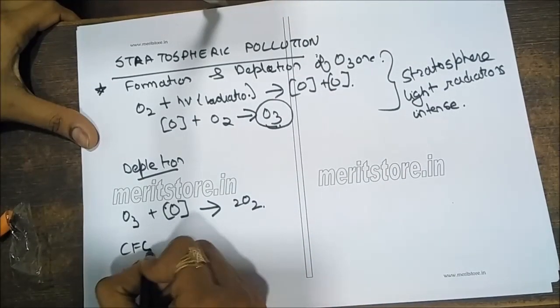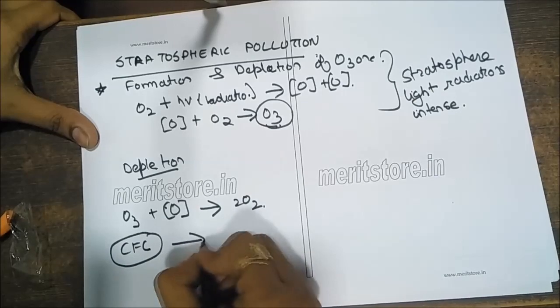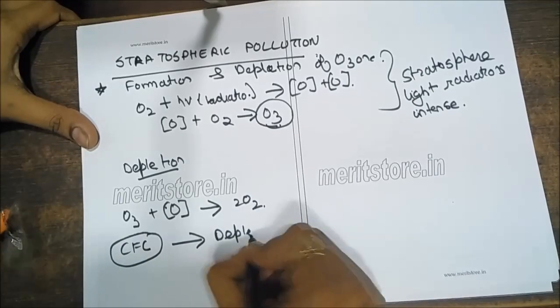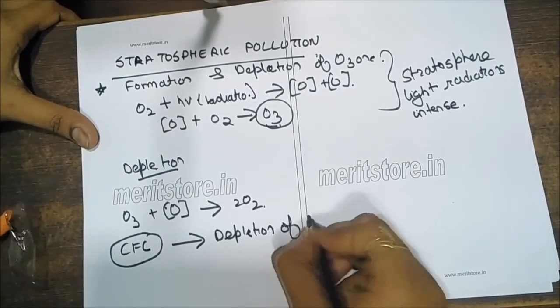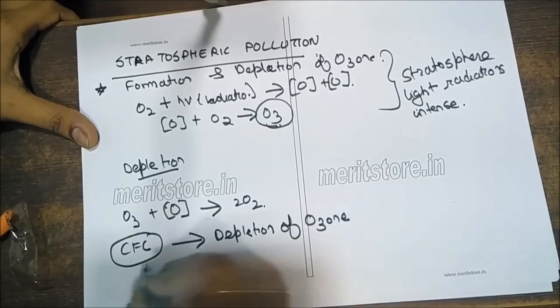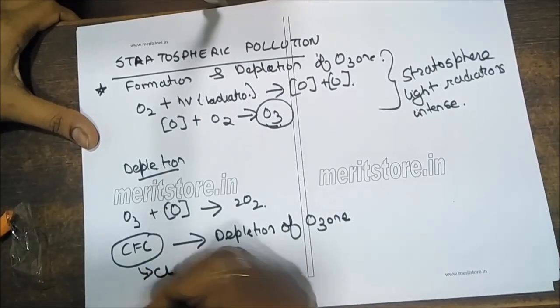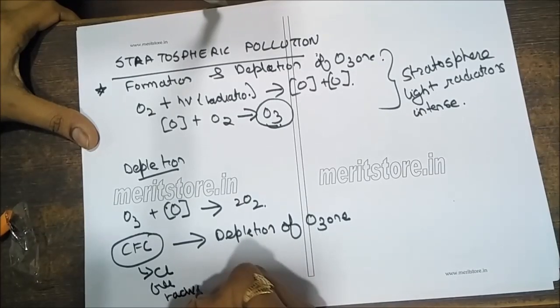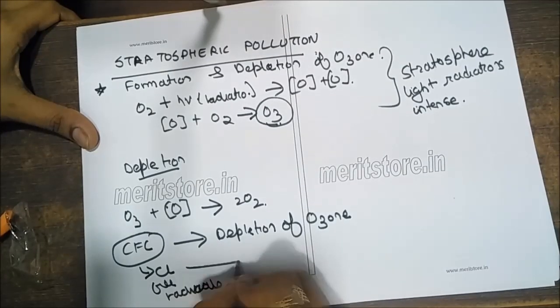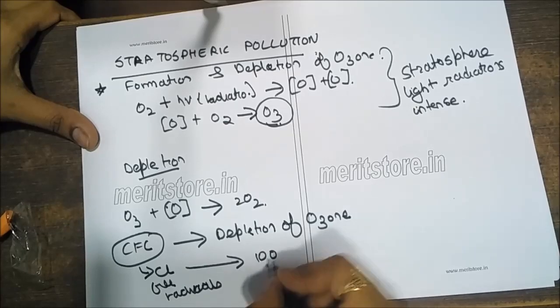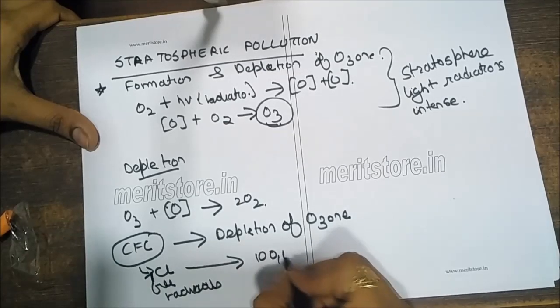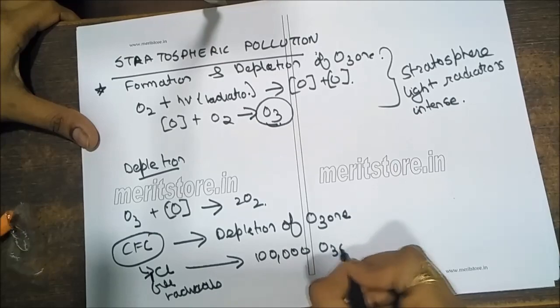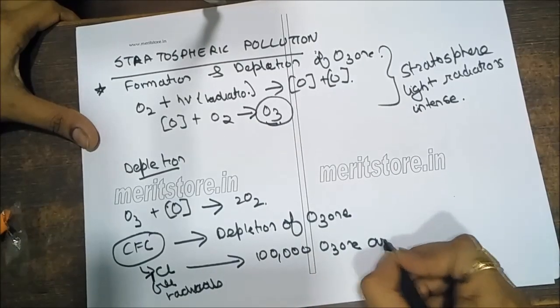So CFCs are major factors in depletion of ozone. How? Because the CFCs release chlorine free radicals. Okay, and for every chlorine free radical, 100,000 ozone molecules are destroyed.